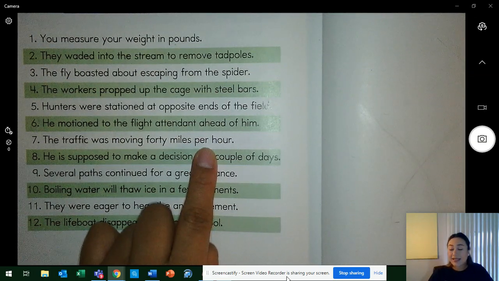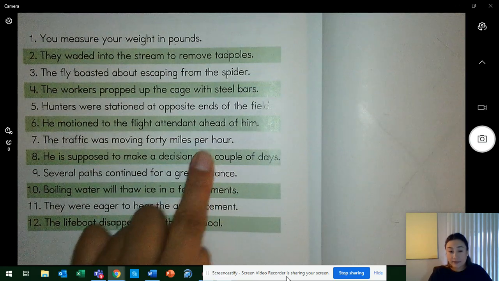Everybody, what's another way of saying 71 miles each hour? Think big. Yes, 71 miles per hour. Another way of saying 71 miles each hour is 71 miles per hour.